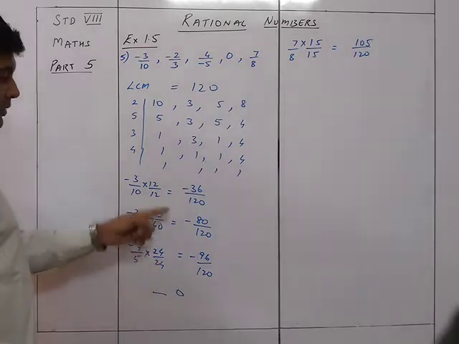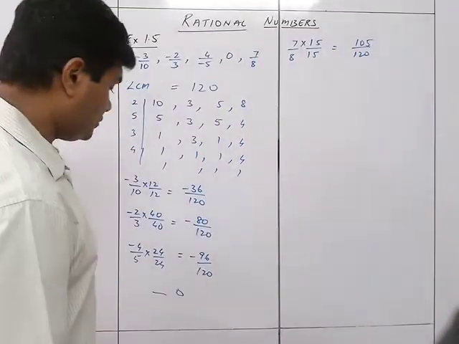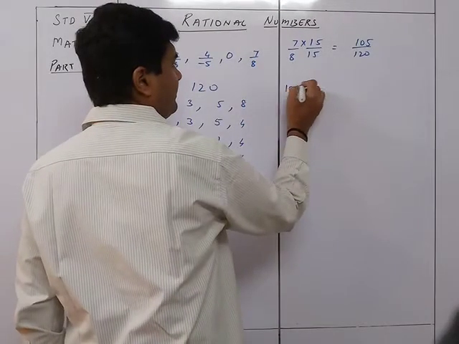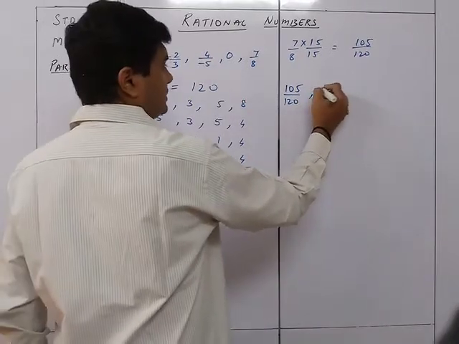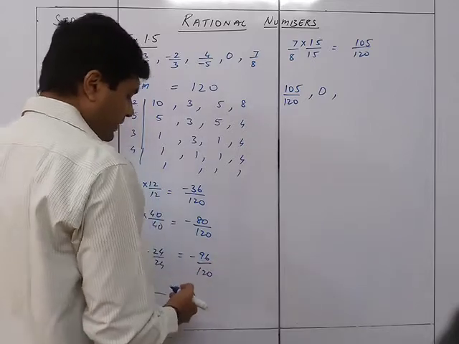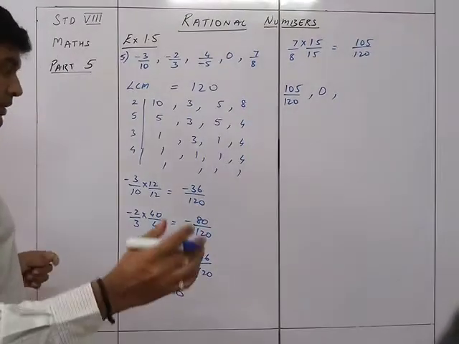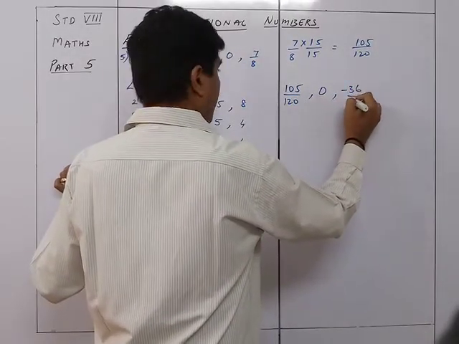So we are going to put it in the descending order. The biggest number is this one, 105 upon 120. The next one will be 0 because that is bigger than all the negative numbers. After that, which negative number comes first? This one, minus 36 upon 120.